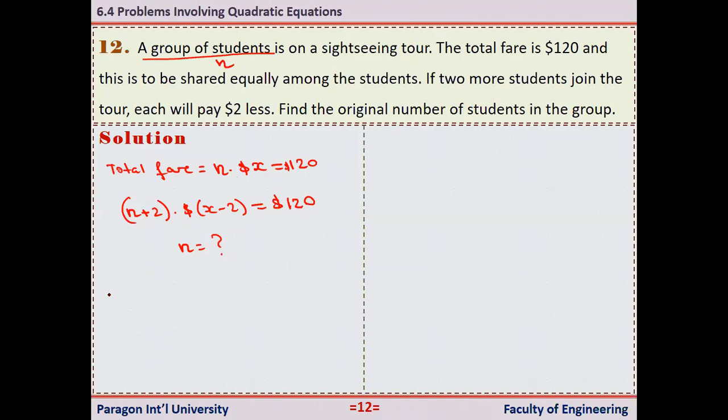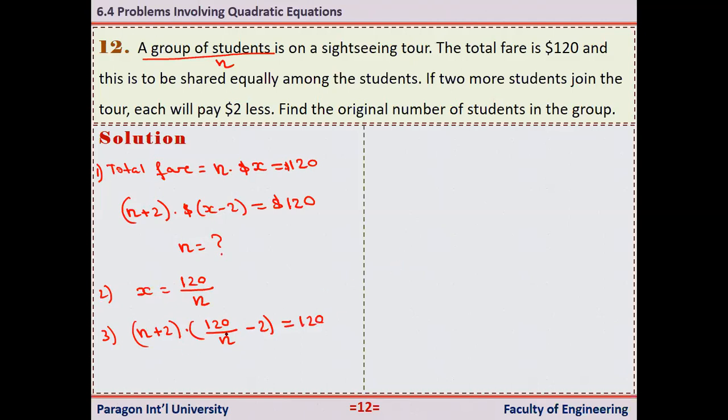From the first equation, in the second step, X is equal to 120 over N. Now I will substitute this value of X in terms of N here, because we are looking for the value of N. Here we have N plus 2 times X, and X is 120 over N, minus 2. On the right hand side, we have 120.